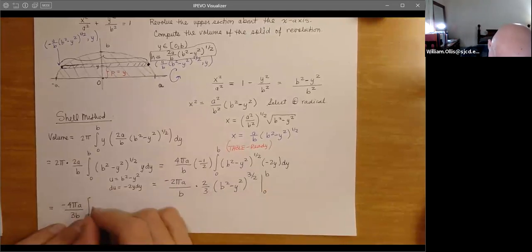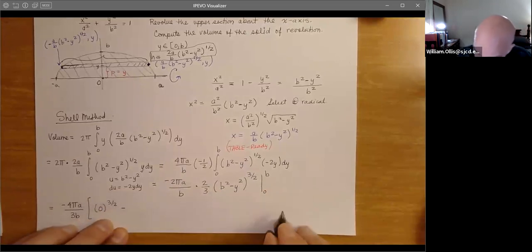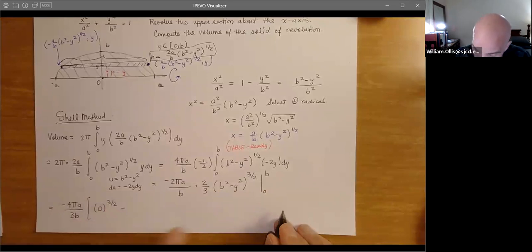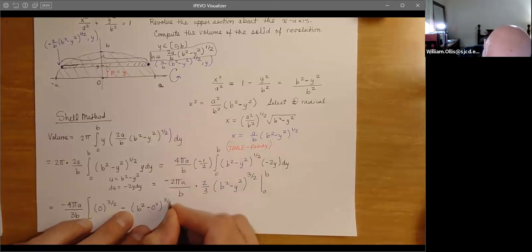So that's 0. So I'll just go ahead and say this will be 0 to the 3/2, and we're done with that. And then minus, now we'll substitute 0. So we just get b squared minus 0 squared to the 3/2.